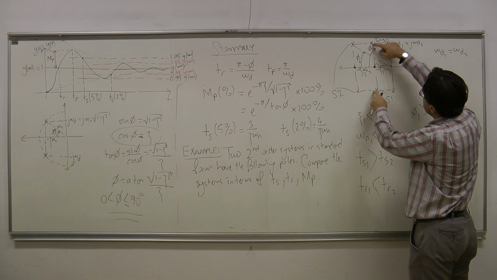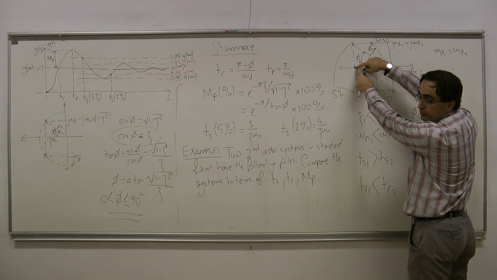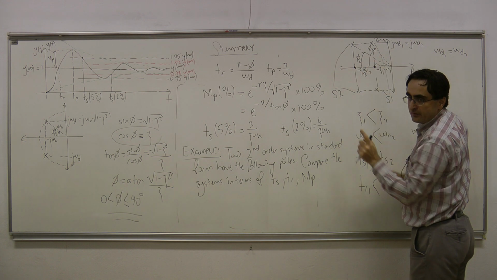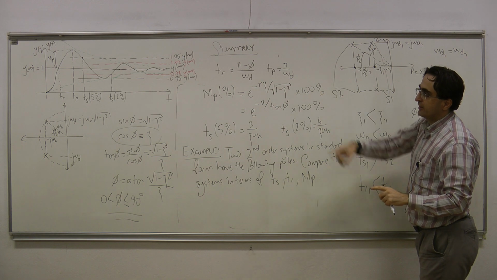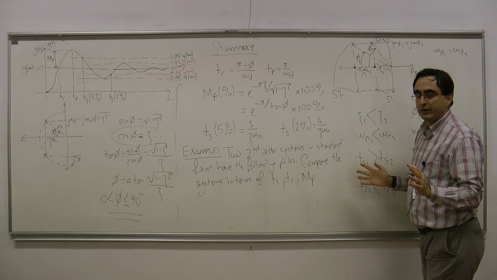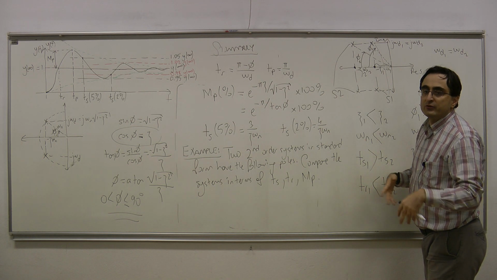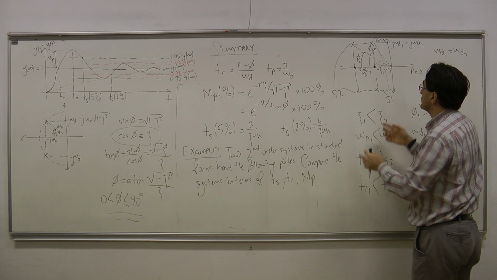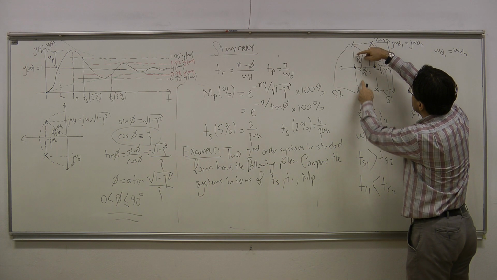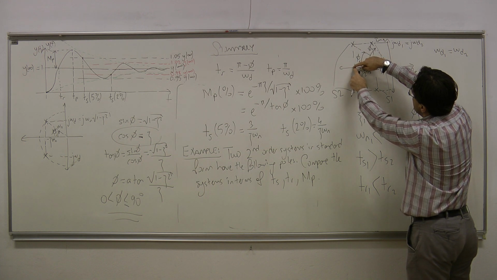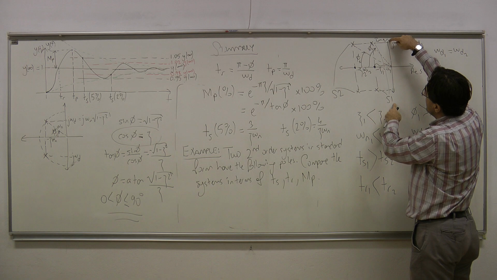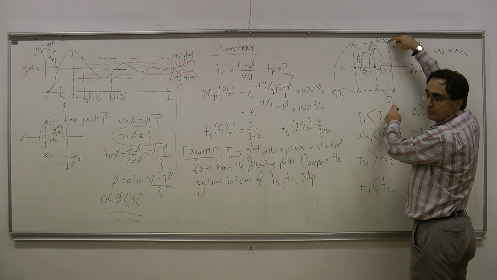And what happens when the angle is very close to zero? In that case, I have a critically damped system. The response is no longer oscillatory, and therefore the response does not have any maximum overshoot. So when this angle is small, I would have zero maximum overshoot. When this angle is large, then I have the largest maximum overshoot.